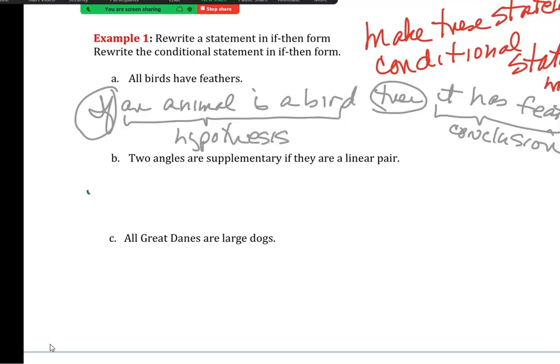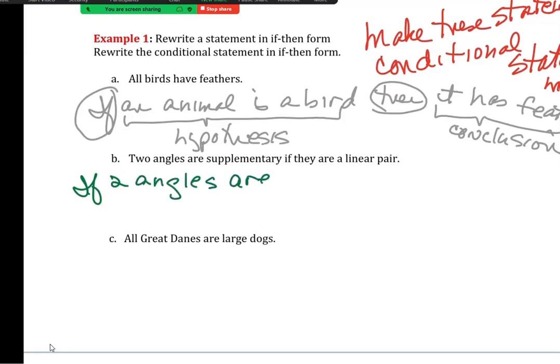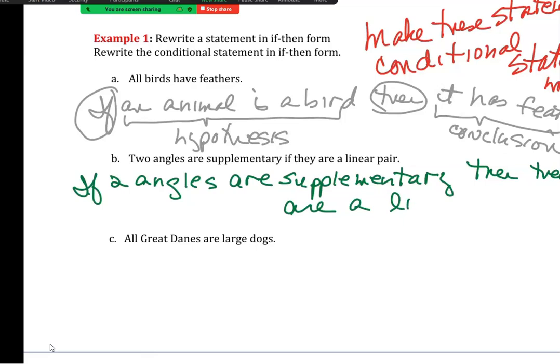What if I said, if two angles are supplementary, then they are a linear pair. Okay, now that's not necessarily true, but we're not testing the truth or falsehood of these statements yet.